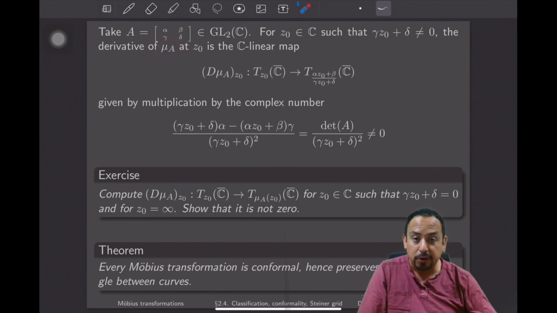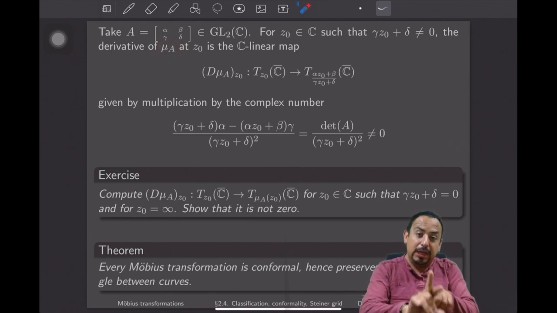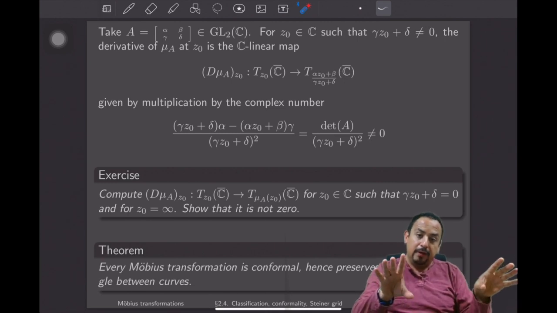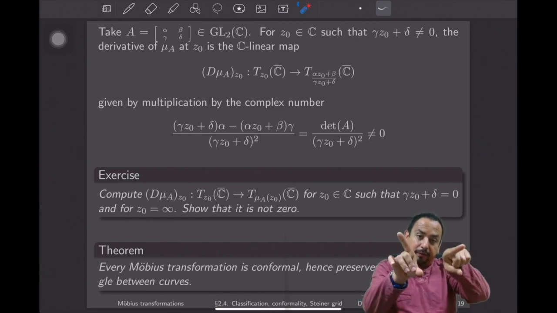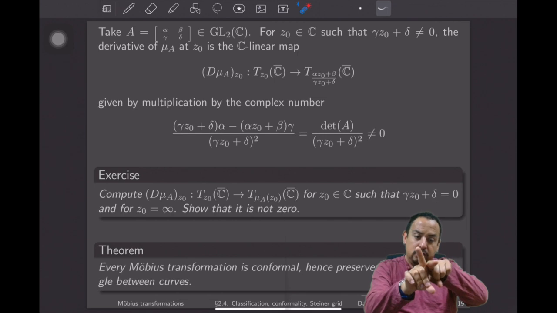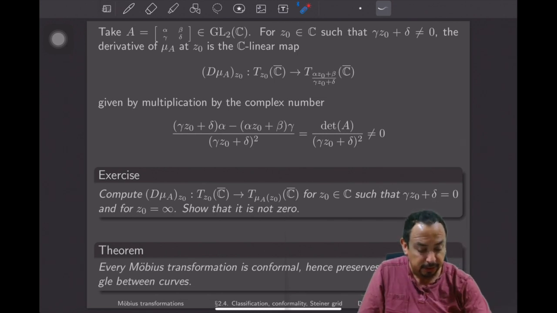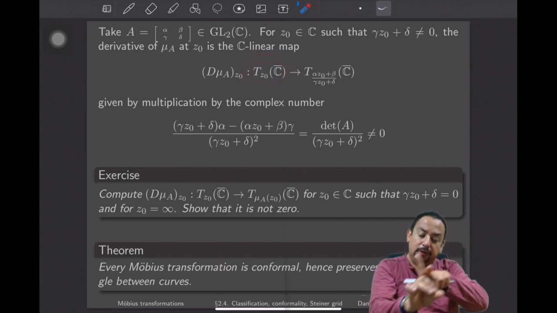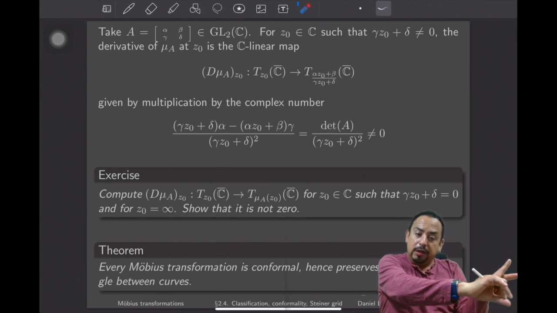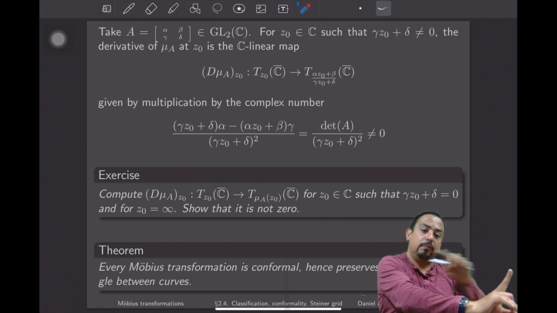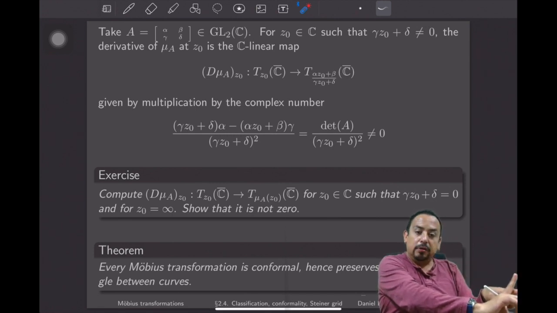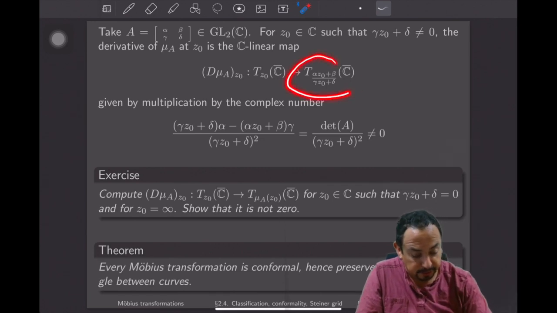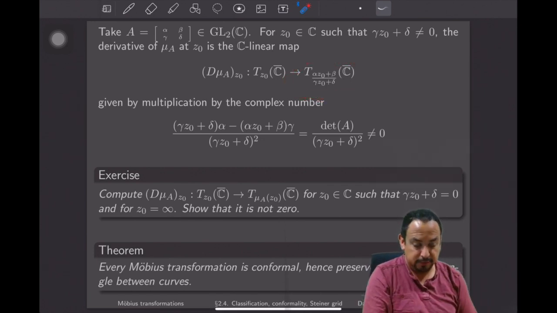Right? And that angle is actually measured where? Well, it's measured in the tangent planes. Both of these angles are really the angles between the derivatives of the curves, which are tangent vectors at Z0, and they live in the corresponding tangent plane. And when I consider the images of the curves, how do I measure the angle? Well, I take the derivatives of those curves, which are images of the first ones, and then I measure the angle in this tangent plane, the angle between tangent vectors.